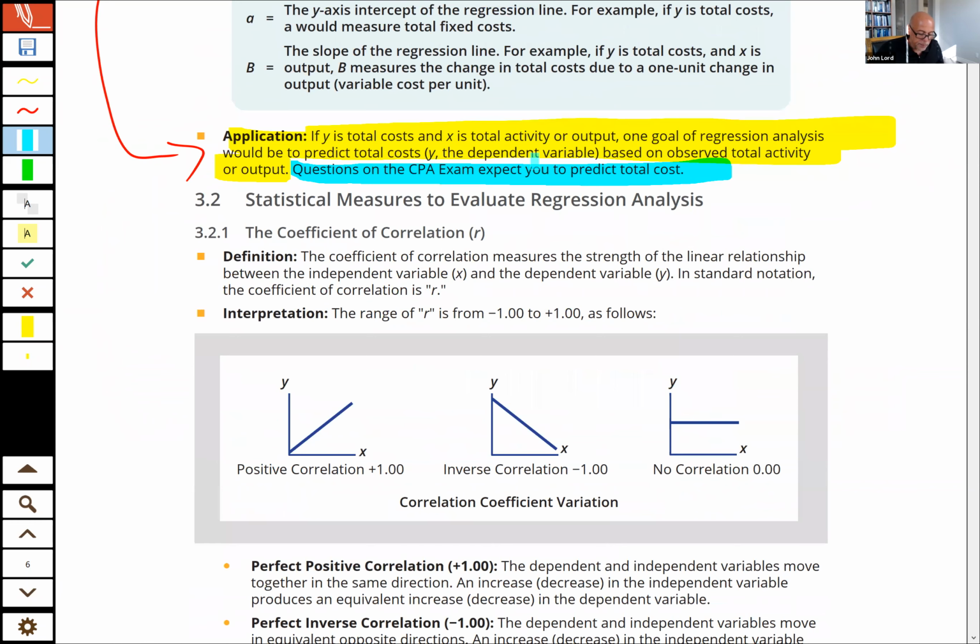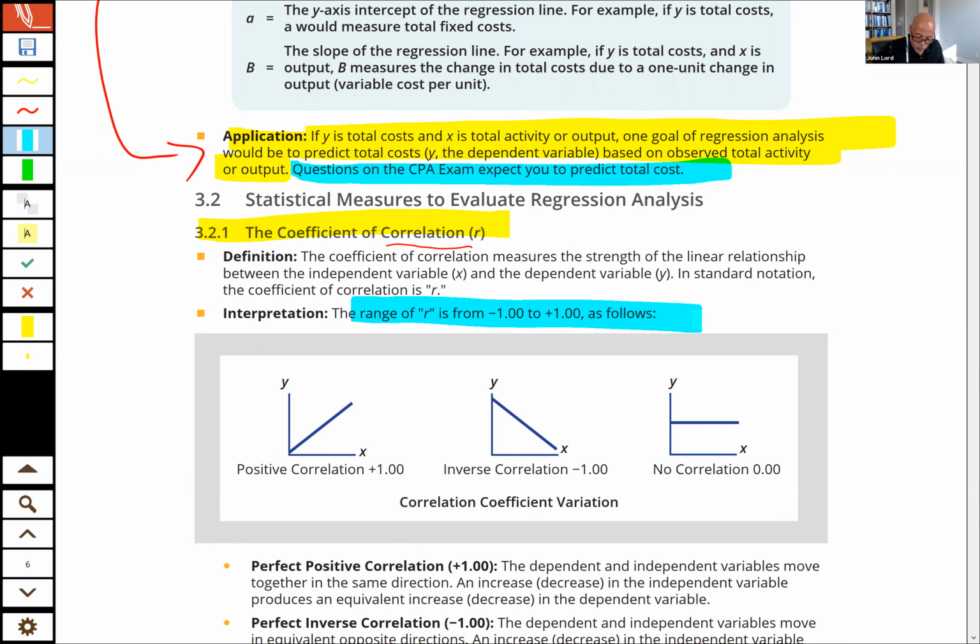Now, when you do a regression analysis, there are a couple of things we're going to need to be able to interpret. One is the coefficient of correlation, and the coefficient of correlation can range from -1 to 1.